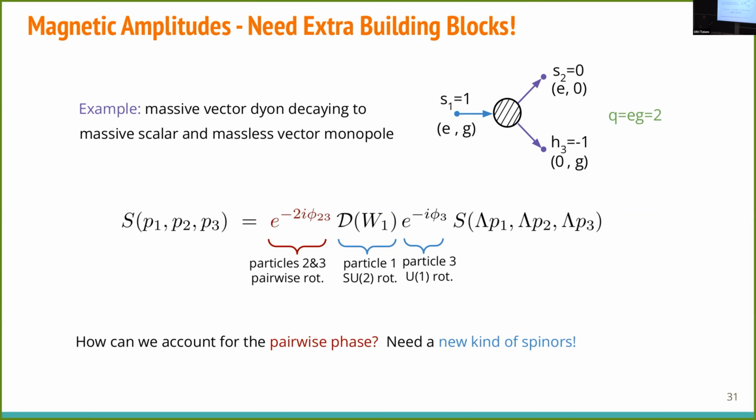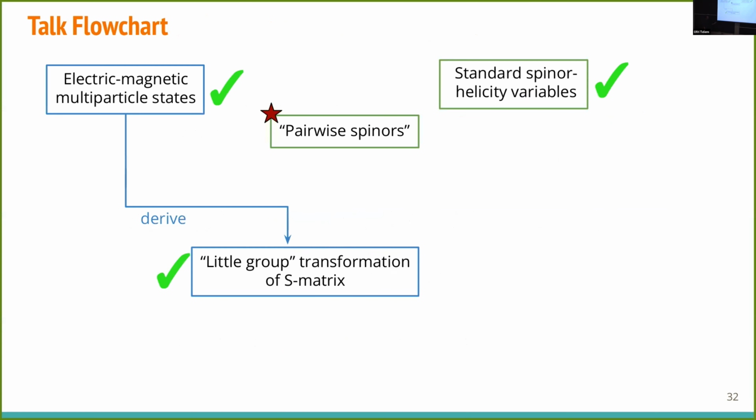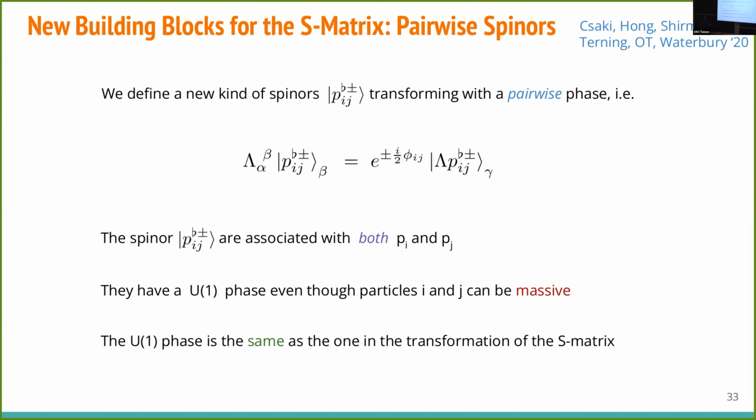So I'm missing a building block here, and this is what I'm going to define. I'm not going to get into exactly how I define these, but I can define new spinor helicity variables, which are essentially the cousins of massless spinor helicity variables because they have an extra U1 phase. But this time, these are associated with pairs of particles in the amplitude. That's why they have IJ labels.